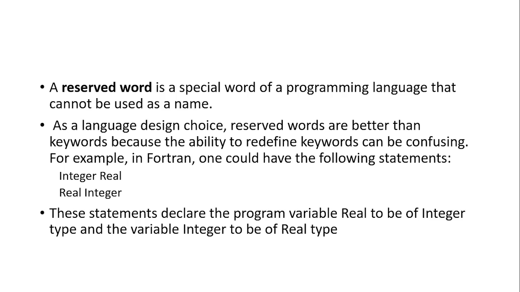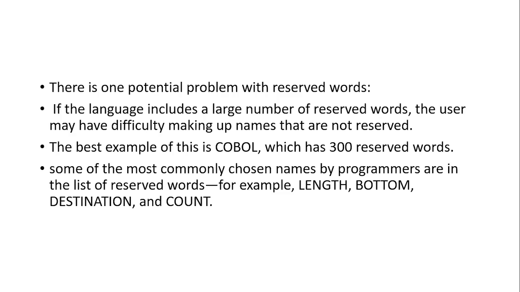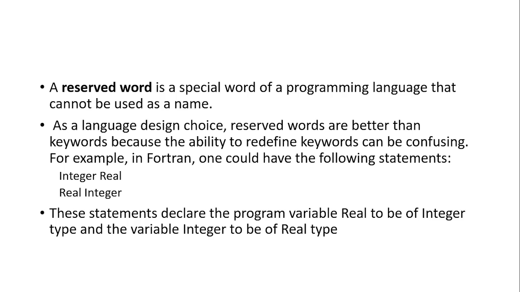These statements declare the program variable real to be of integer type and the variable integer to be of real type. In addition to the strange appearance of these declaration statements, the appearance of real and integer as variable names elsewhere in the program could be misleading to program readers.